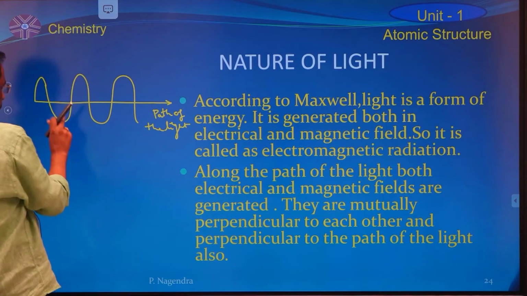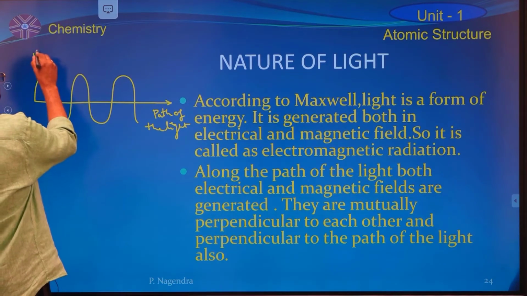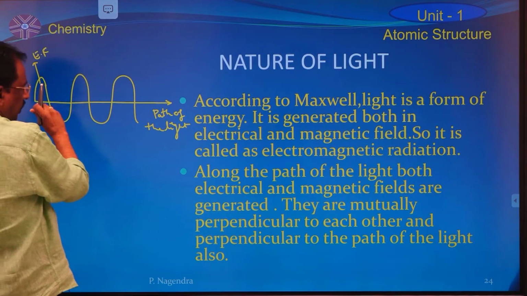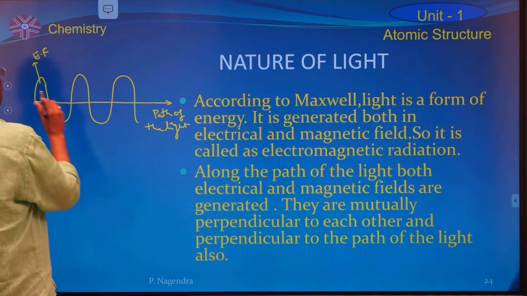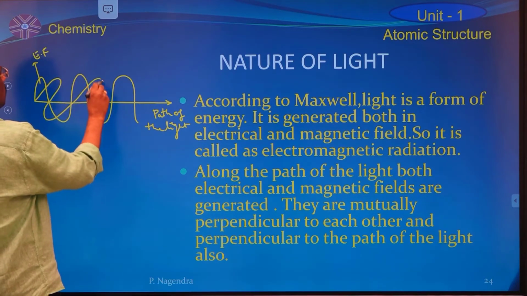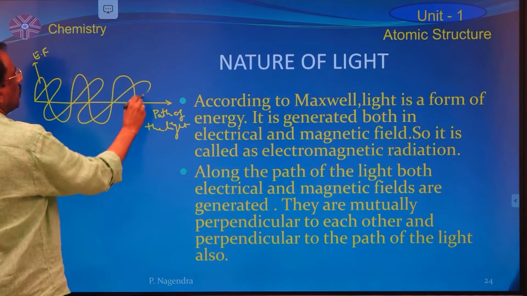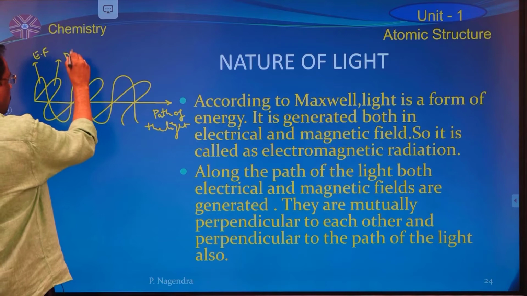This is crest and this is trough. Along the path of this light, the magnetic field is also developed like this. This is the magnetic field generation according to Maxwell's theory of electromagnetic radiation.